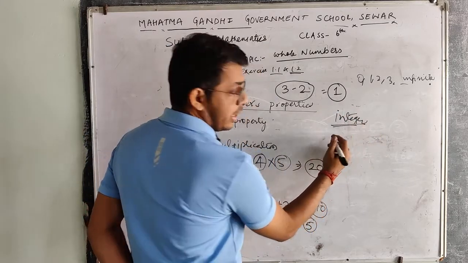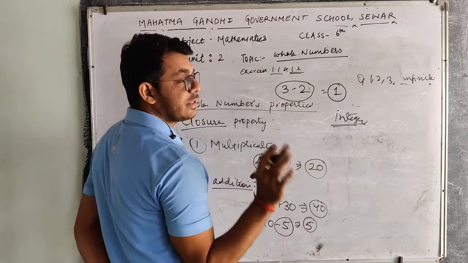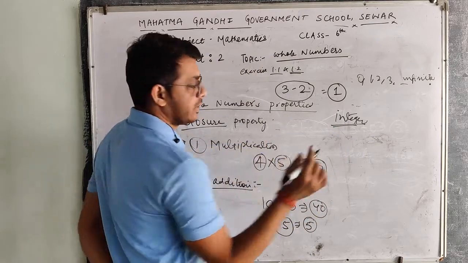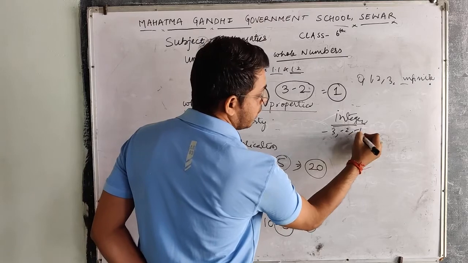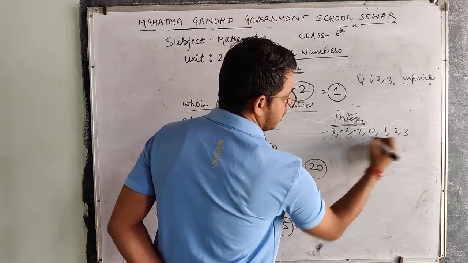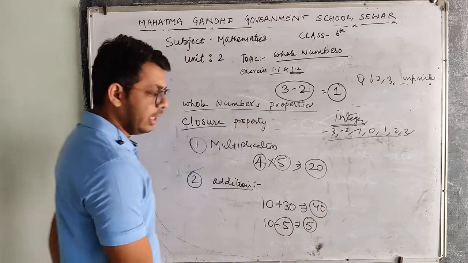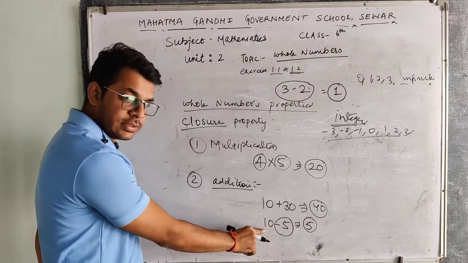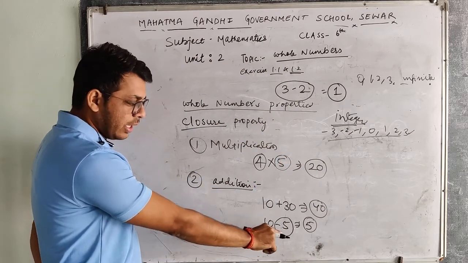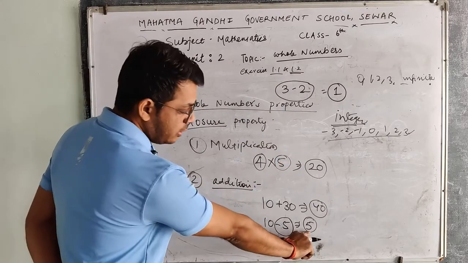We know that. What are integers? Integers are the numbers which have both positive and negative sign: minus 3, minus 2, minus 1, 0, 1, 2, 3. These are the integers.